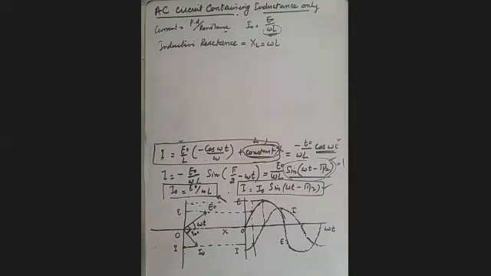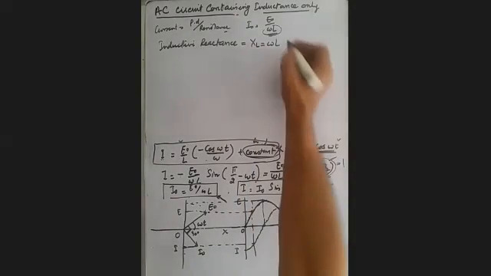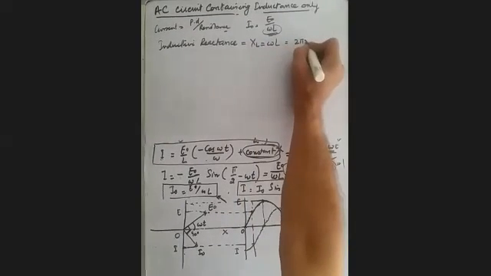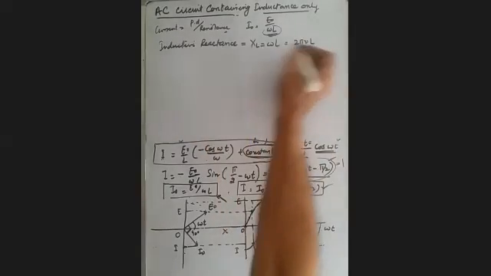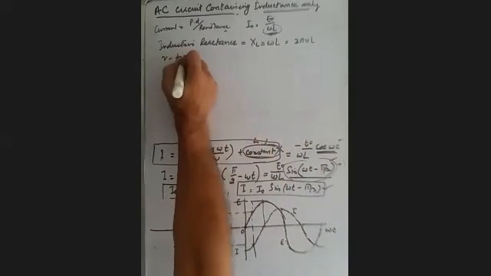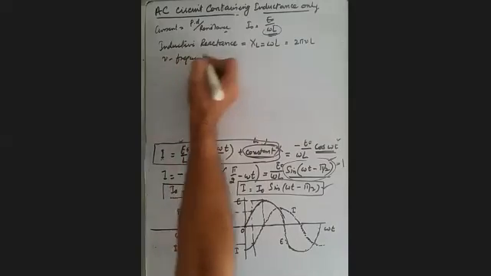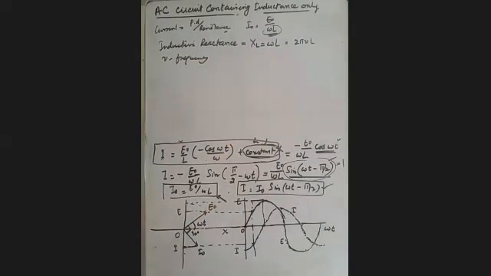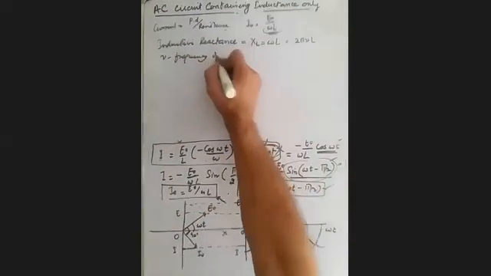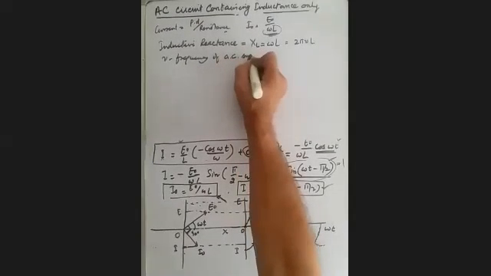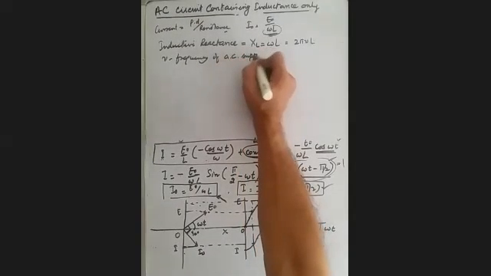Now omega we know is equal to 2 pi nu, and L. So nu is the frequency of the AC supply, the alternating current that is being supplied.